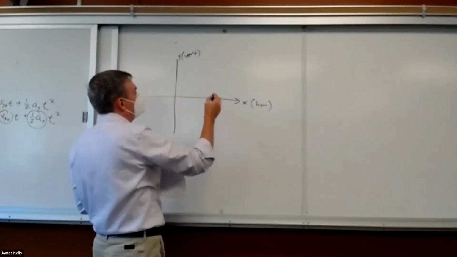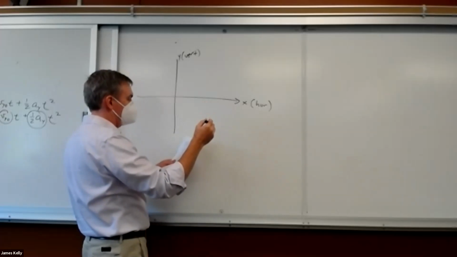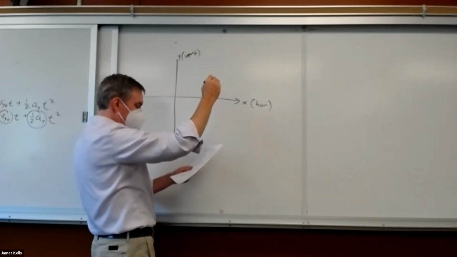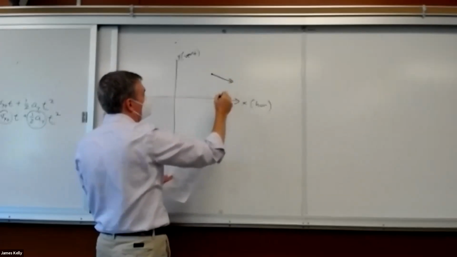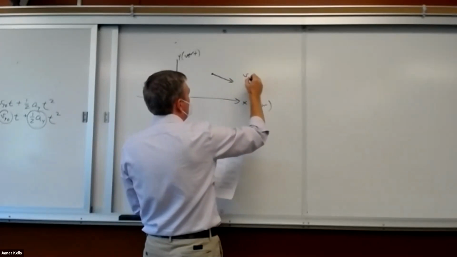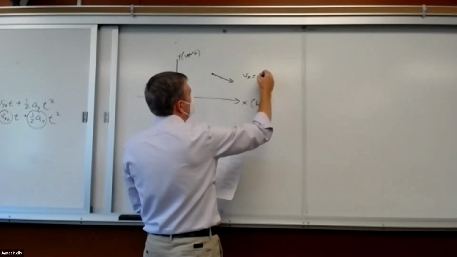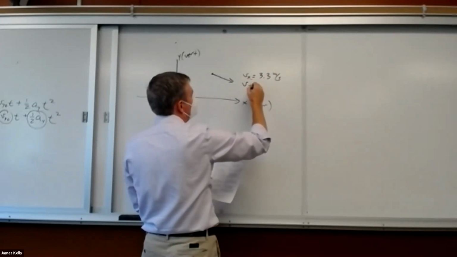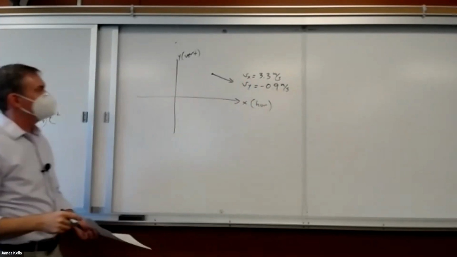I don't know how all the answers work out, but I might find that after so many seconds, in mine it's 2.4 seconds, maybe it's going like this, and I find out that Vx final is 3.3 meters per second.